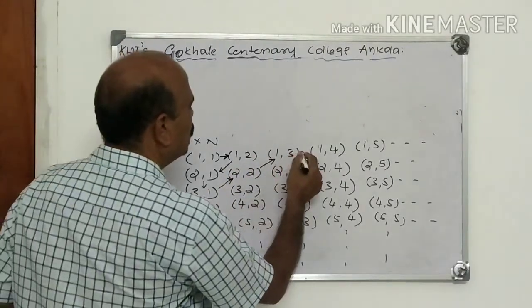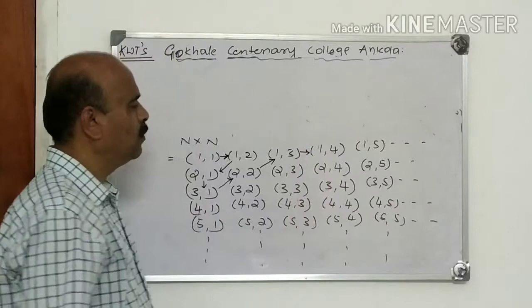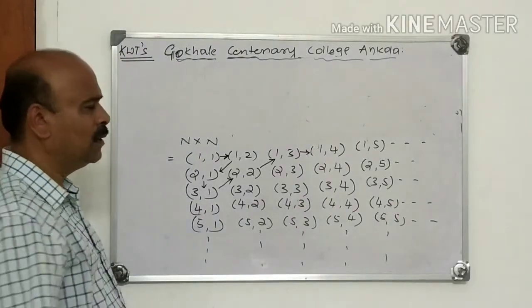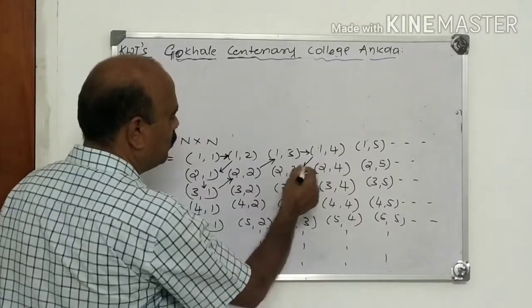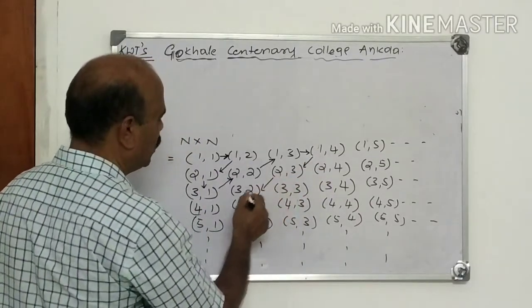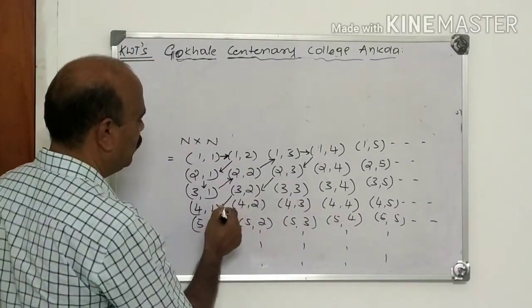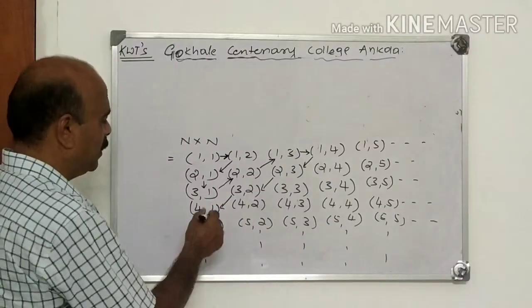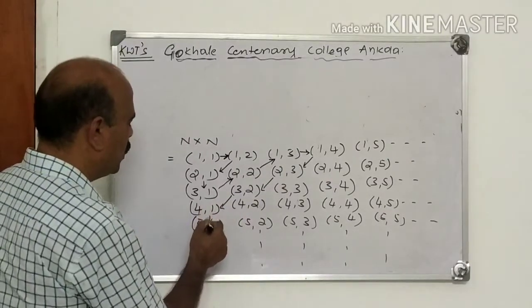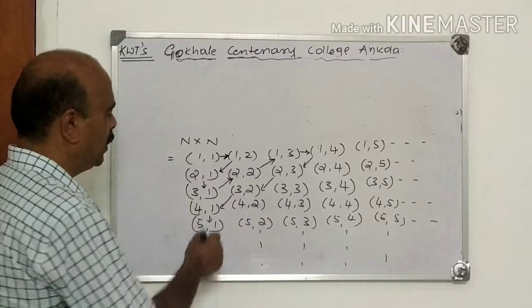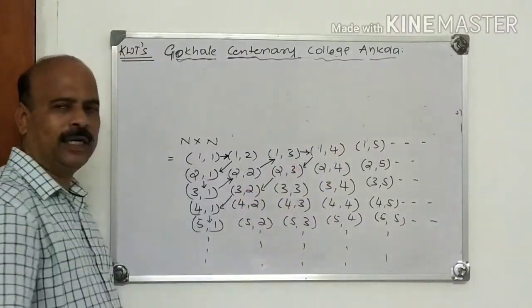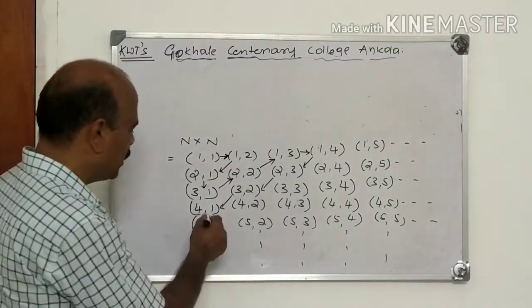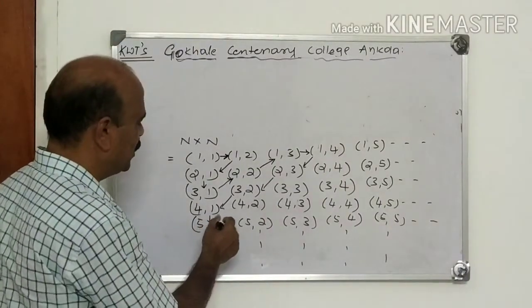Next I go to this (1,4). What is the sum of the coordinates here? 5. One more is (2,3). This also has sum 5. Next (3,2). Sum is 5. Next (4,1). Sum is 5. Then I come downward here, (5,1). Up to this, these are having sum of the coordinates 5. Next is (5,1). What is the sum? 6.